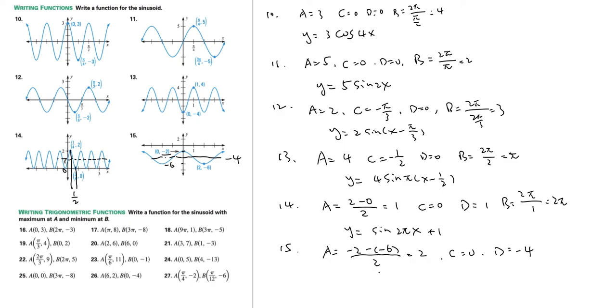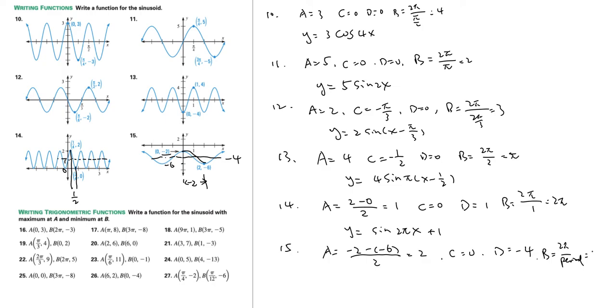Now, what is B going to be? B equals 2 pi divided by the period. So what is the period? Let's have a look. From 0, which is the maximum, to the minimum, which is 2, this part is 2. That's from the maximum to the minimum, so it's half the period.